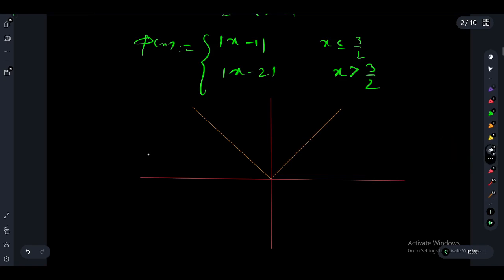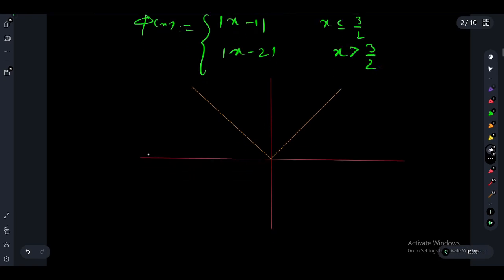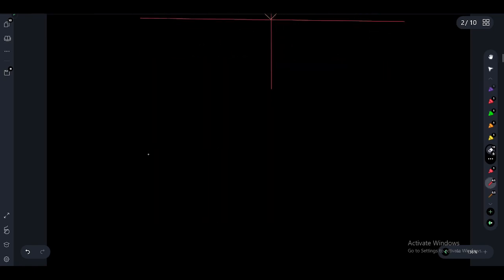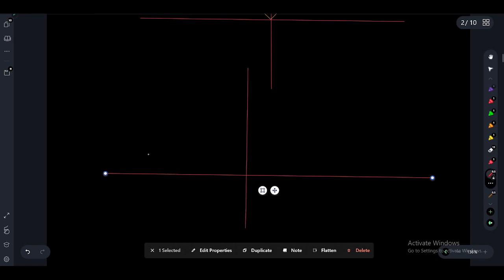Now we want to graph |x minus 1| for x less than or equal to 3/2 and |x minus 2| for x greater than 3/2. To graph |x minus 1|, we have to shift this graph 1 unit to the right. Let's sketch the graph. This is our y-axis.